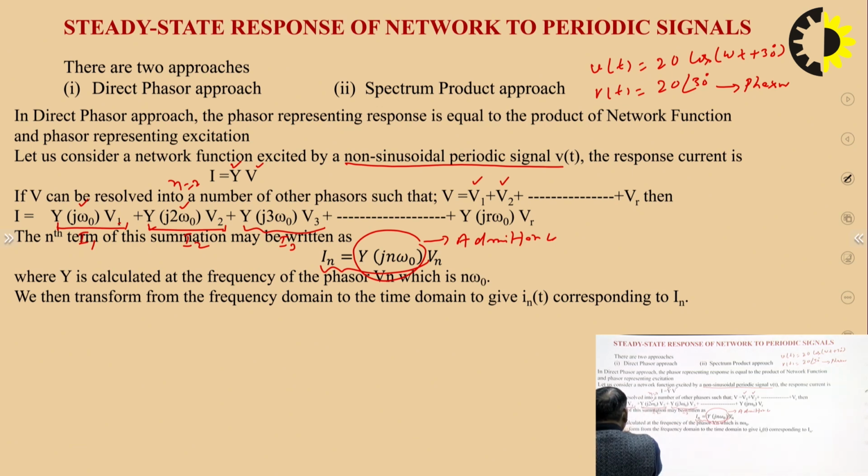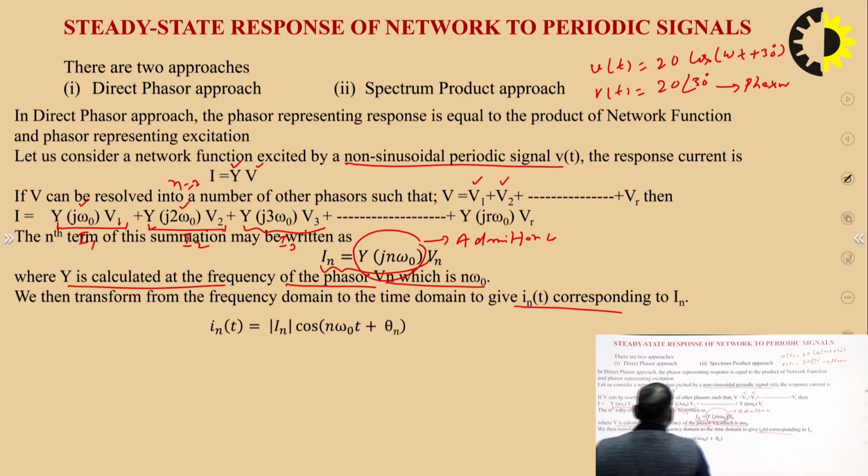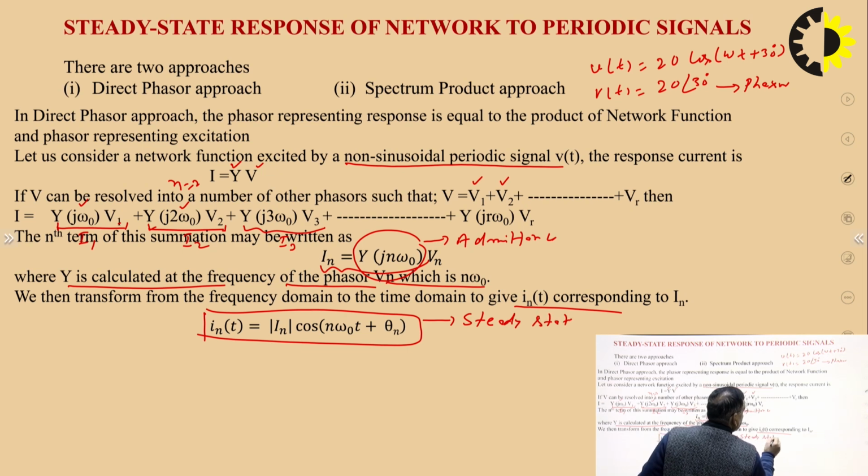Y is calculated at the frequency of the phasor, which is n omega 0. We then transform from the frequency domain to the time domain to get i_n(t), and this is called the steady state response.